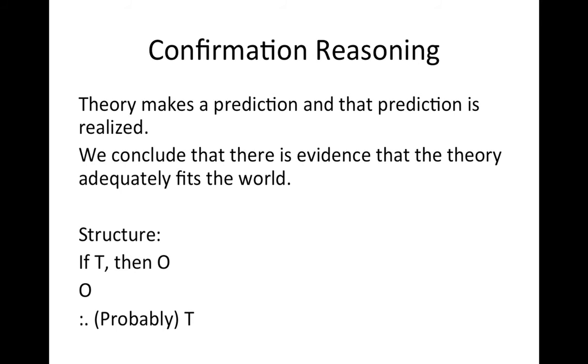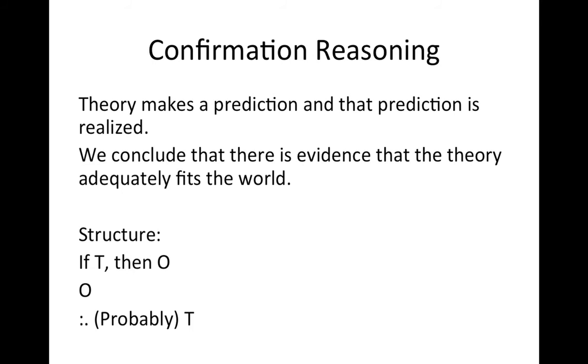Now you might recall a very similar structure that's slightly different from symbolic logic. If T, then O, T, and therefore O, would be the structure of modus ponens. But in this case, what we have is affirming the consequent, which is not good reasoning. That is not a valid argument structure.